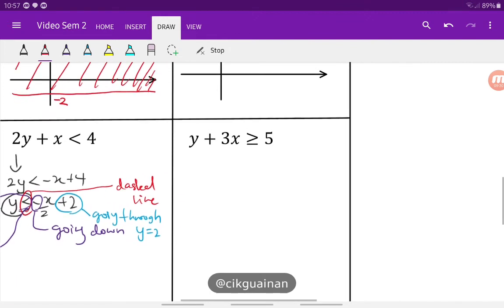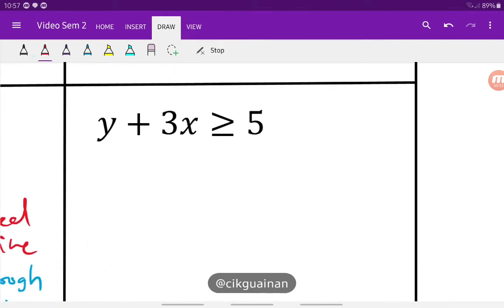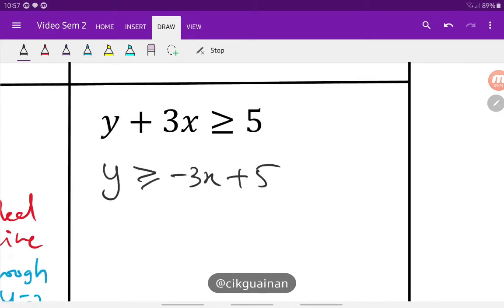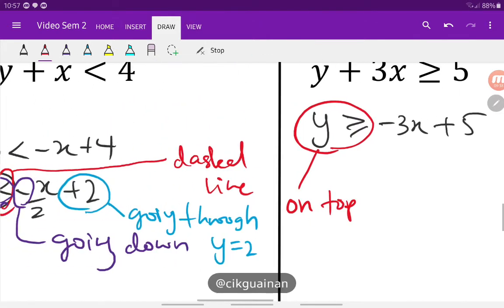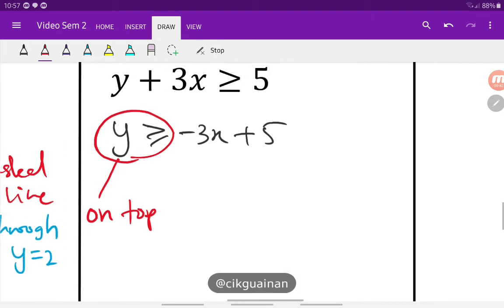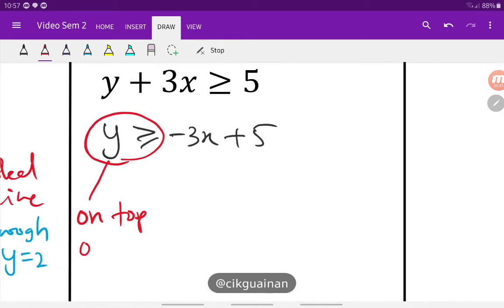Now let's consider the last one. We do it nicely like that, plus 5. So what does this one mean? The region is on top of the line. What else?